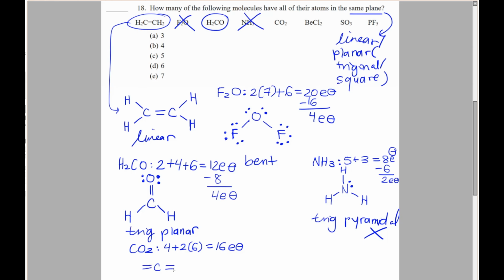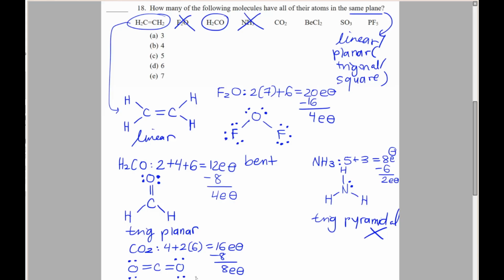So we can just kind of put it like this, and we have 4 bonds, so that's 8 electrons. So we have 8 left that we need to fill in. Since carbon already has a full octet, we just fill in the oxygens, so we can put 2 lone pairs on each oxygen for a total of 16 electrons.